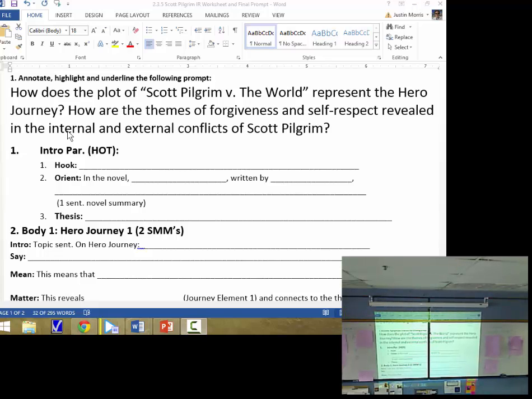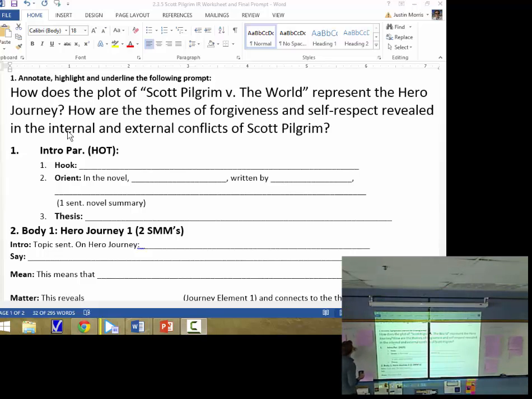Moving on over here. Let me see what I got over here. Forgiveness. Dating Knives. Beginning there. What kind of conflict would that be? Not knowing that it's wrong. Sister helps him by yelling at him, so people who help him along the way. Scott earning the power of self-respect. We got three here.